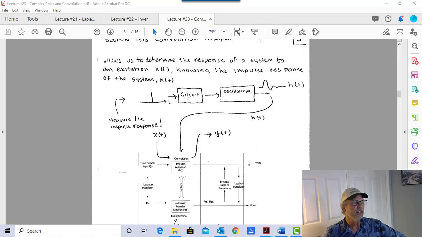It's going to go into the circuit and we're going to measure the output on the oscilloscope. Impulse went in, impulse response went out. Let's sing it. We can go for our input, and then our circuit is going to be thuddy or boingy.